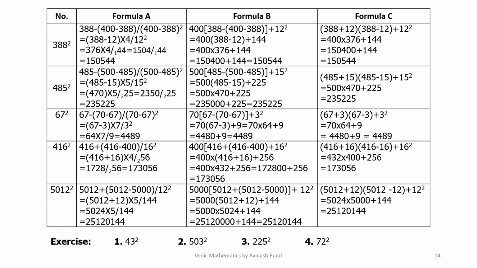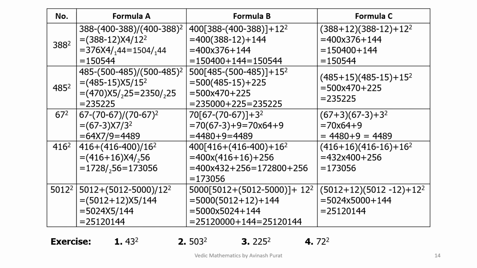Second formula: 5000 multiplied by (5012 plus (5012 minus 5000)) plus 12 square, that is 5000 multiplied by (5012 plus 12) plus 144. So 5000 multiplied by 5024 plus 144, that gives 25120000 plus 144, that is 25120144.